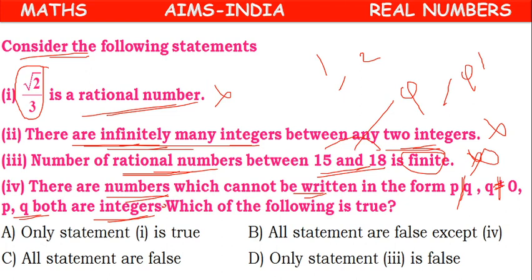So here the fourth statement, children, what they have given: there are numbers which cannot be written in the form of p by q, q not equal to 0, p and q both integers. No, actually all such numbers can be written in the form of p by q, but they give cannot. So it is also a false statement. So all statements are false. So C option is the correct answer, children. All statements are false.